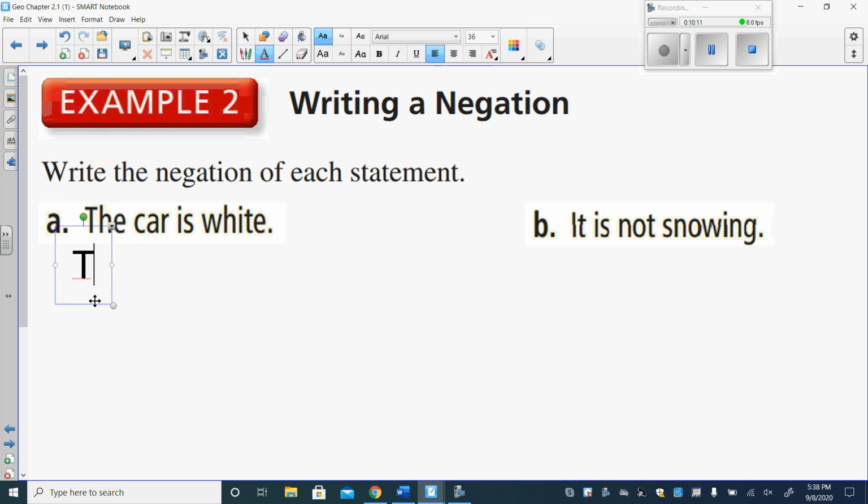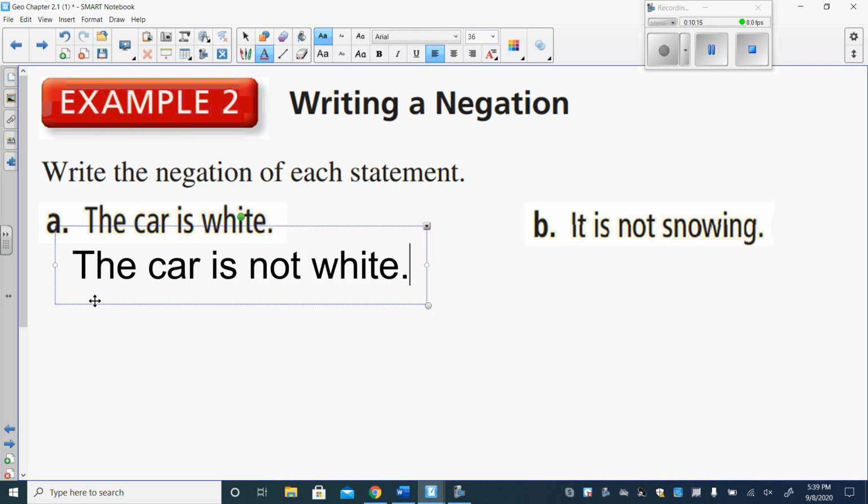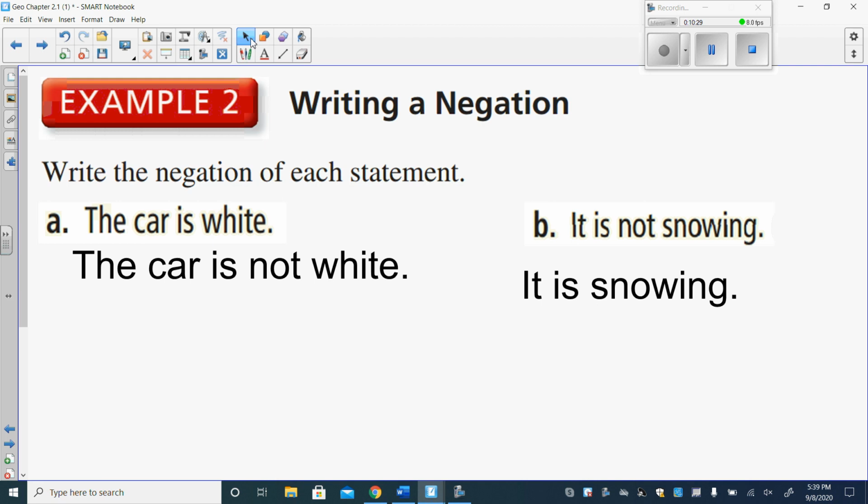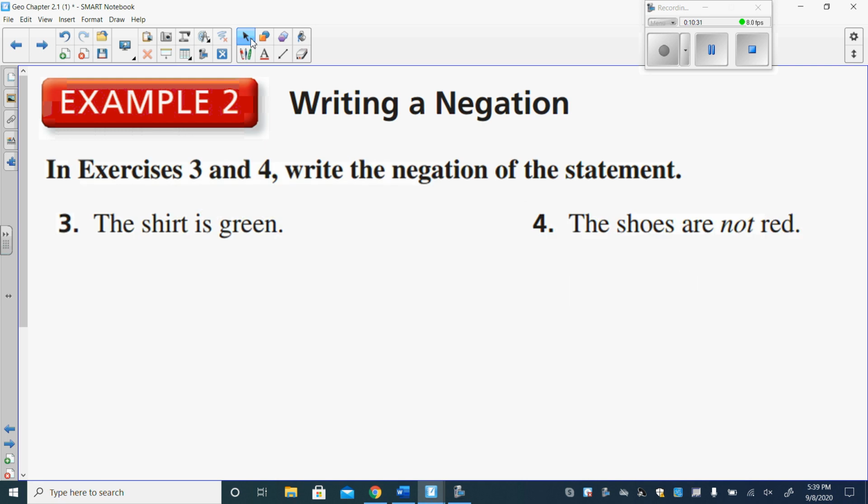So this one here, if we say the car is white, well, the negation of it is the car is not white. And here, if it is not snowing, well, the negation of it is snowing. And that's all we have in negation. It's just the opposite. It is the opposite of the statement.